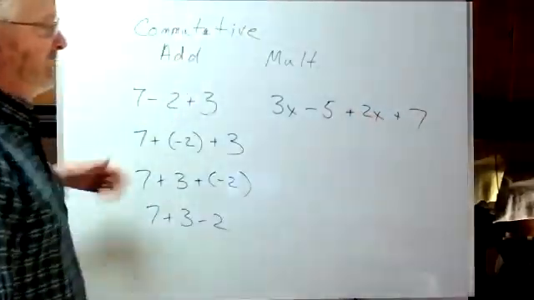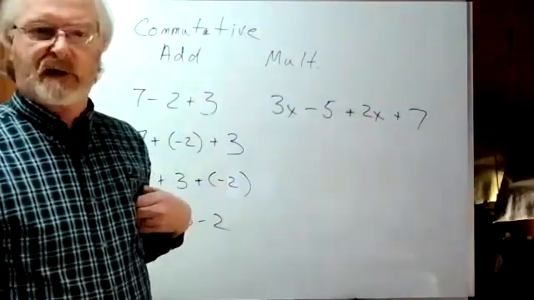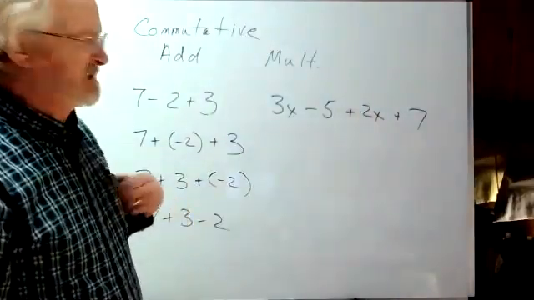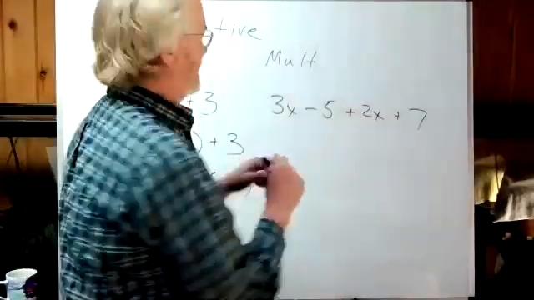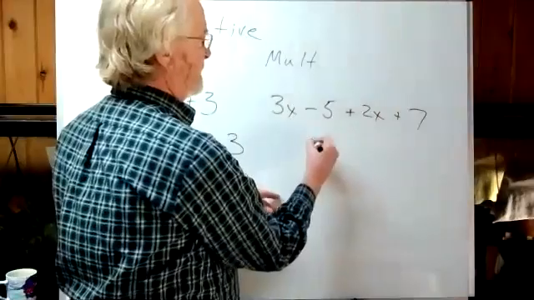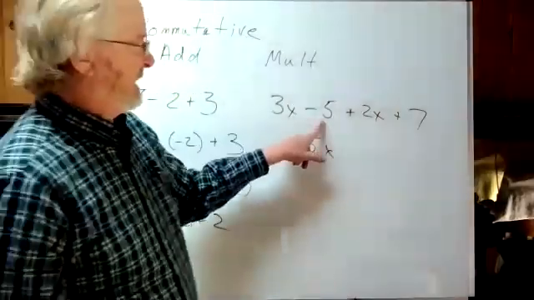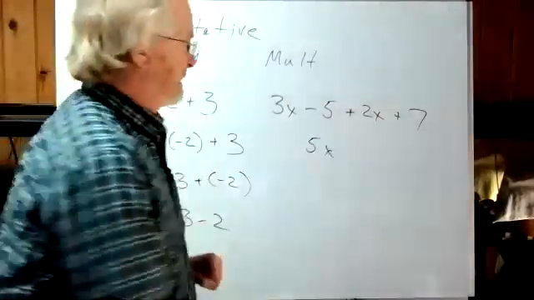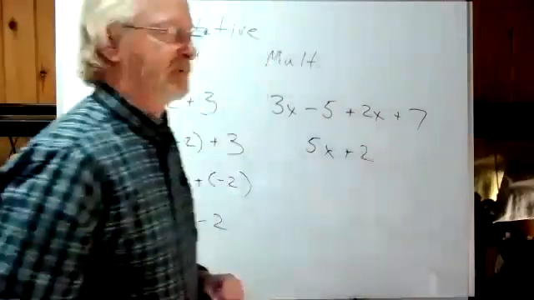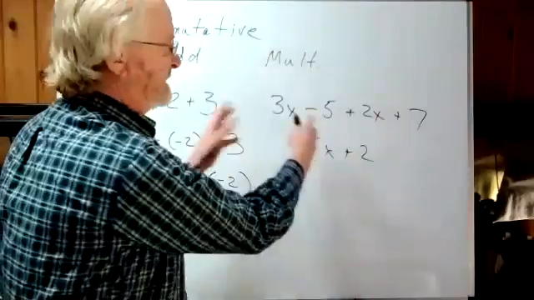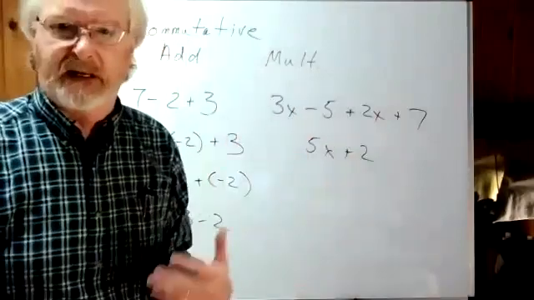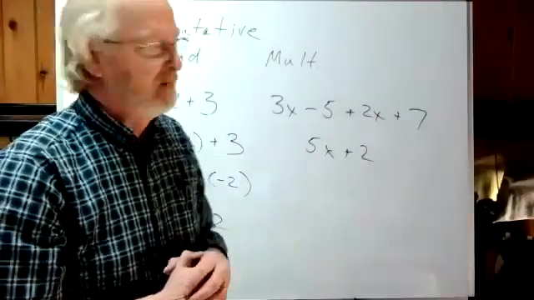If I've got a like terms kind of problem like this, and I want to combine like terms, already we're saying I'm not taking them in order. I can put these x's and those x's together, and I can put this -5 and this 7 together, and I've simplified. I'm kind of commuting, moving things around, putting things next to each other to make it easier.